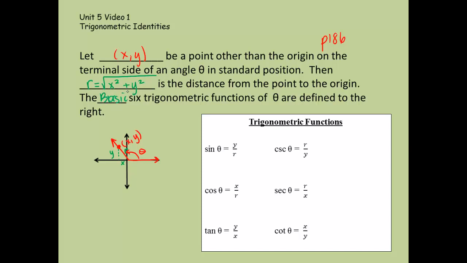This gives us the basic six trig functions of theta, defined here in this box. Sine of theta equals y over r. Cosine of theta is x over r. Tangent of theta is y over x, so long as x is not 0.